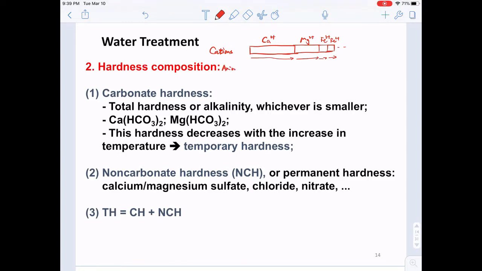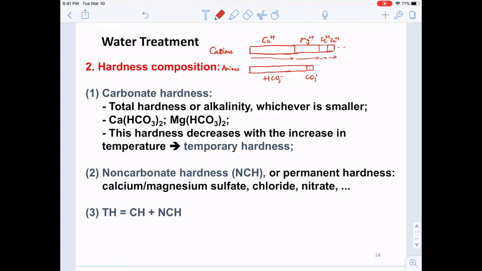So there can also be anions, right? We introduced that in the water, if it's a buffer system, there must be some bicarbonate ions. And as a matter of fact, because these species typically have a lower solubility with the carbonate, a lot of these anions are composed of the bicarbonate ions, right? Because this is soluble.